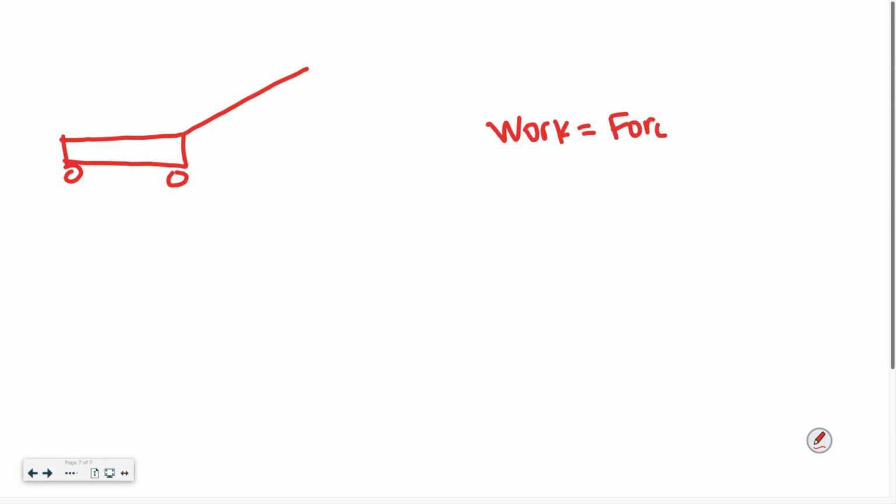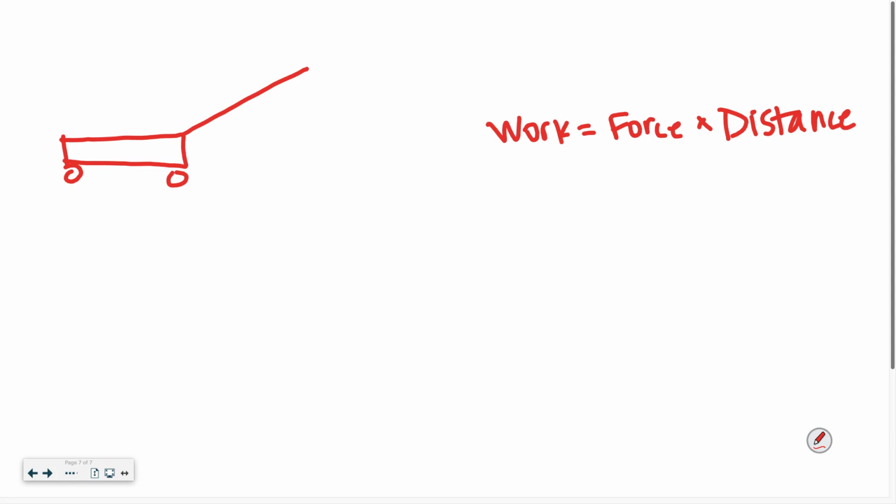Now, I want to remind you of a type of problem. If you're pulling a wagon at an angle and I ask you for the work, we already know that work equals force times distance, right? But if I'm pulling a wagon at an angle and it's only moving horizontally, then what force do I care about?